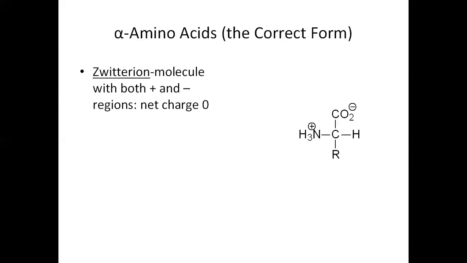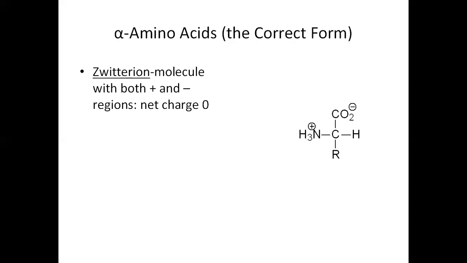The incorrectness of these structures is that physiological pH of 7.4 is above the pK value for the carboxylic acid group, and therefore the carboxylic acid group is negatively charged. pH 7.4 is beneath the pK value of the amino group, and therefore the amino group is positively charged.